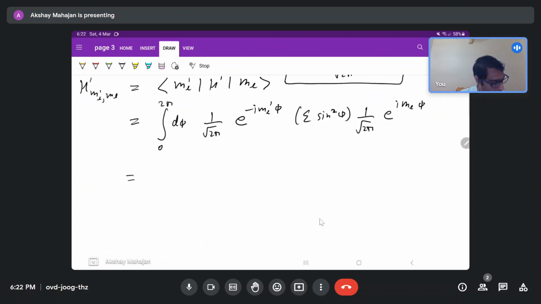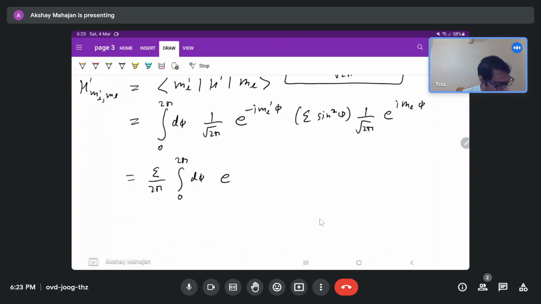Now I can take this epsilon and 2 pi outside. Integration will be from 0 to 2 pi, with a d phi and a sin²phi.